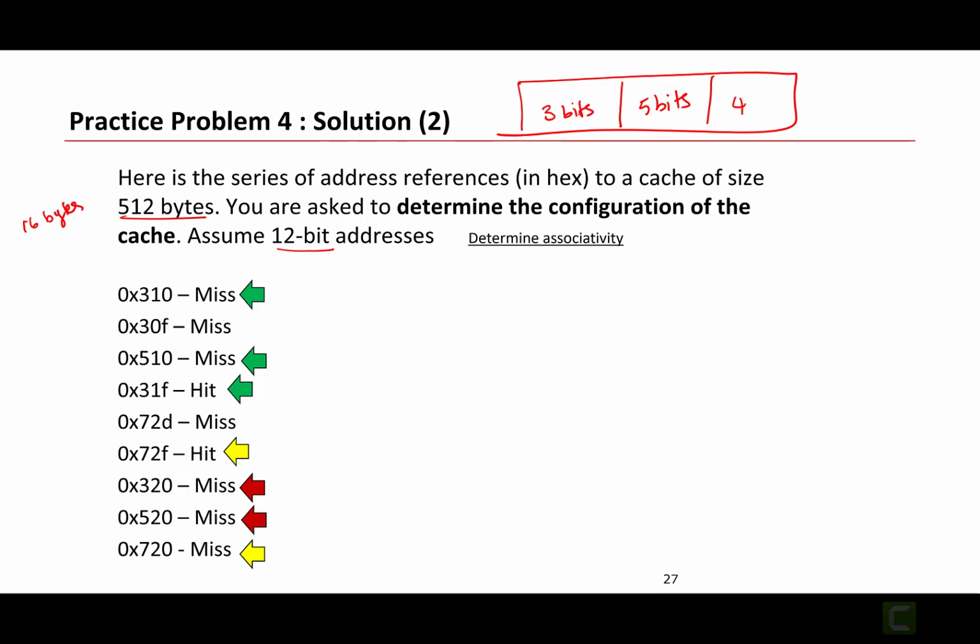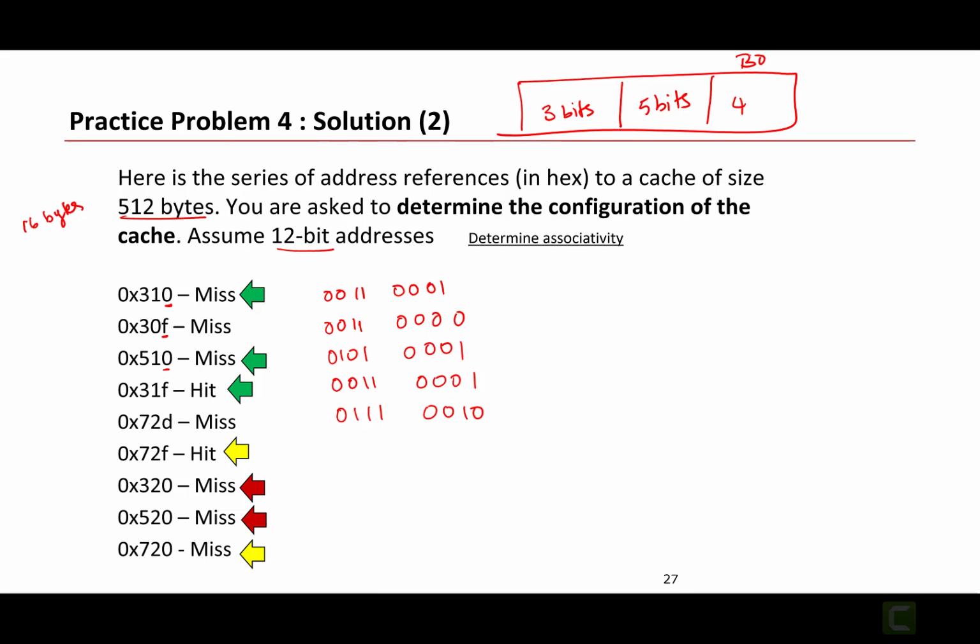Okay, so now I can try to simulate my cache for the direct mapped cache with this information. It's worthwhile to compute the tag and set index for these addresses. I have converted the addresses into binary form, but I have not translated the last nibble, because I know that the last 4 bits are the block offset, and the block offset doesn't really affect my cache hit or miss rate.